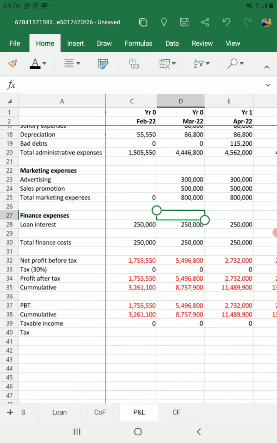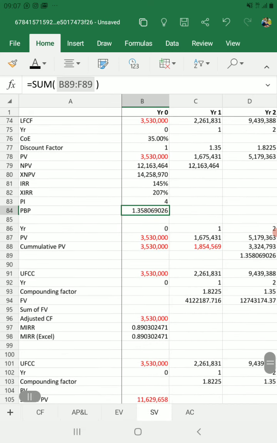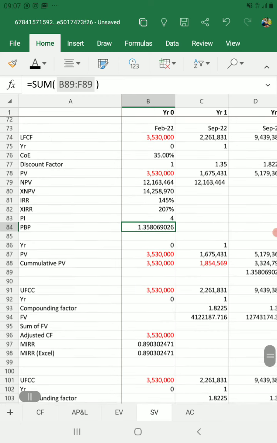Okay, let us now go back to our valuation using shareholders value. So at least this one is reasonable.